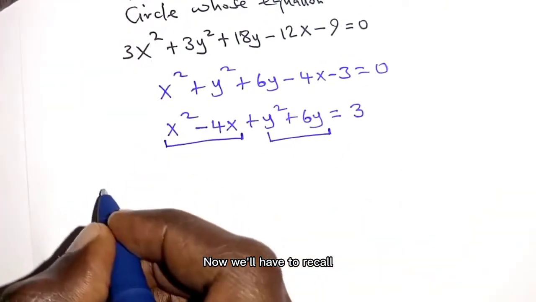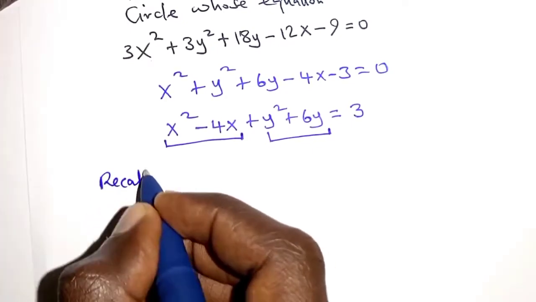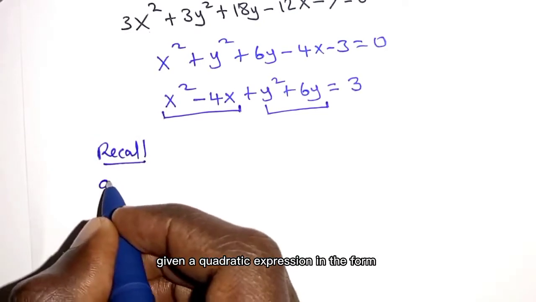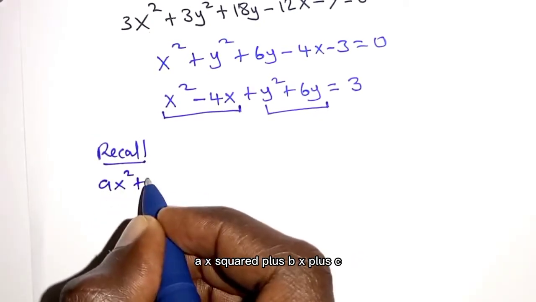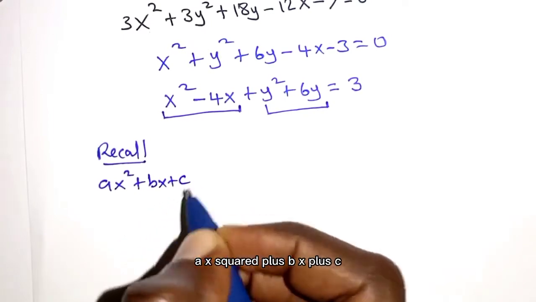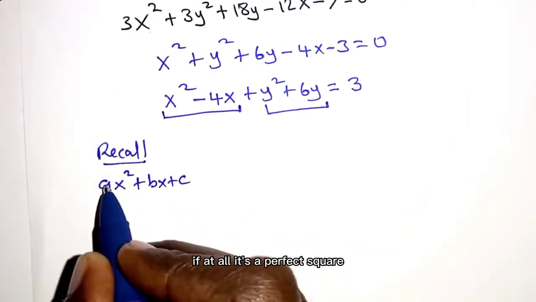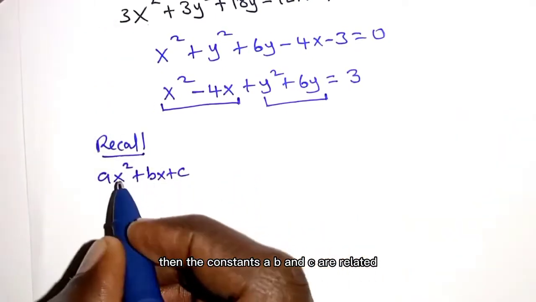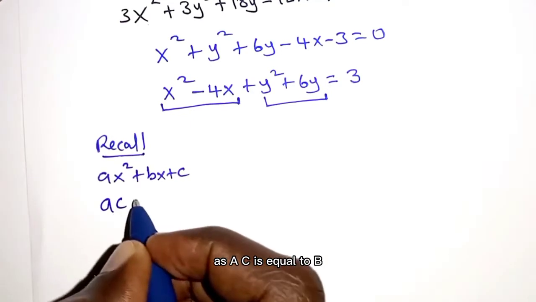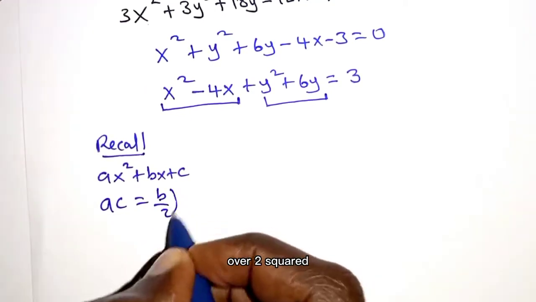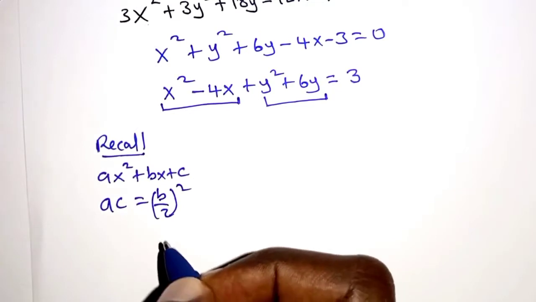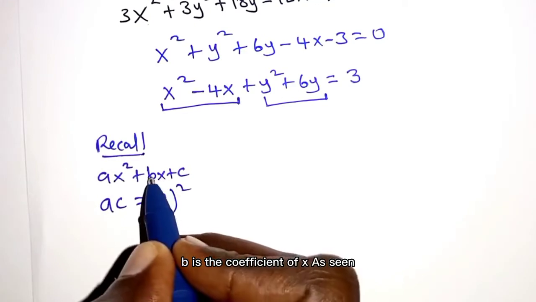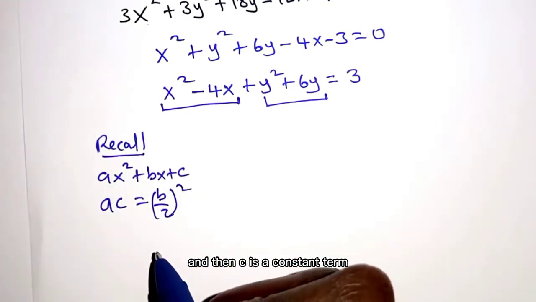Now we'll have to recall, given a quadratic expression in the form ax squared plus bx plus c, if it's a perfect square, then the constants a, b, and c are related as ac is equal to b over 2 squared, where a is the coefficient of x squared, b is the coefficient of x, and c is the constant term.